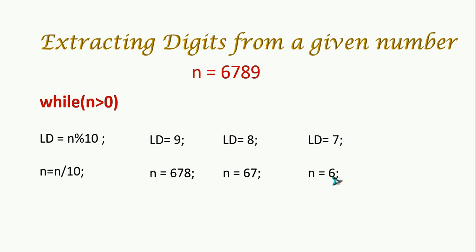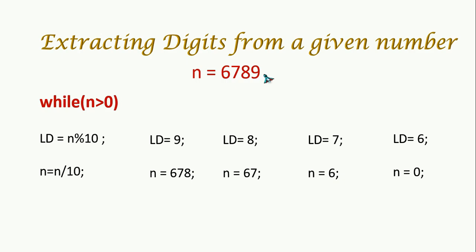Then n is going to be 6 when we divide by 10. And in the last round, the last digit will be 6, and then when we divide this by 10, 0 is the quotient, then the condition doesn't satisfy, it will come out of the loop. So this is how we are going to extract each digit from a given number.